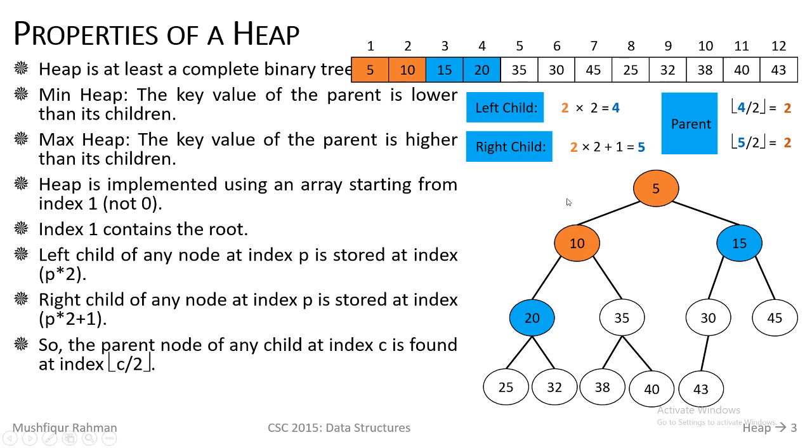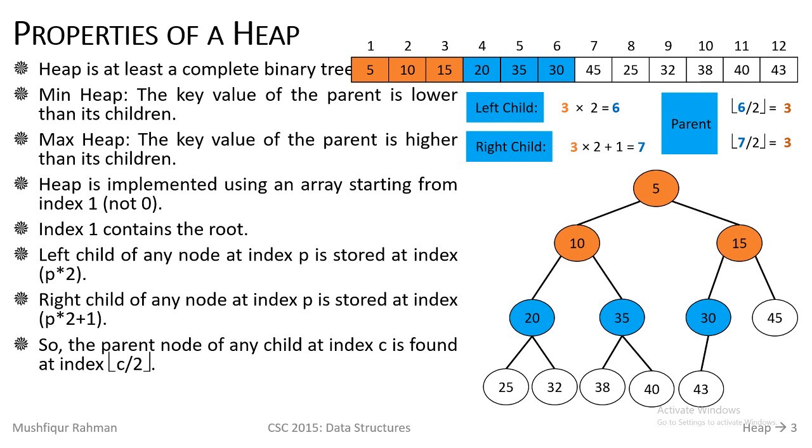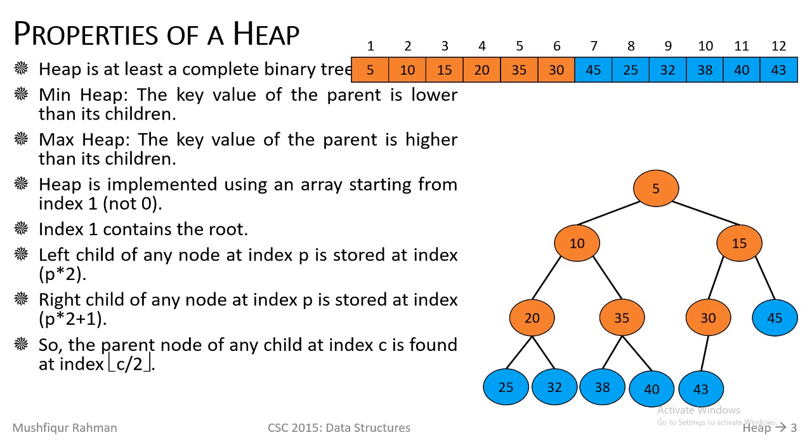Then we put our values 20 and 35. Then change to 2 and 3. Parent concept is gone. First there is no parent, then left child, right child, and then the parent comes. Same thing again and again: we change our parent to the left and right child index numbers and put our values.